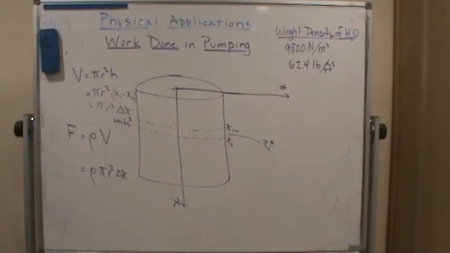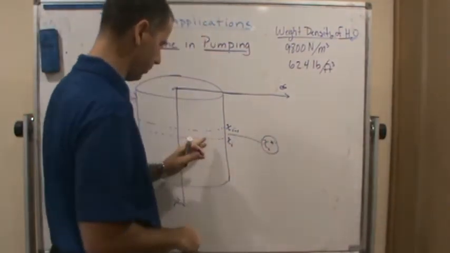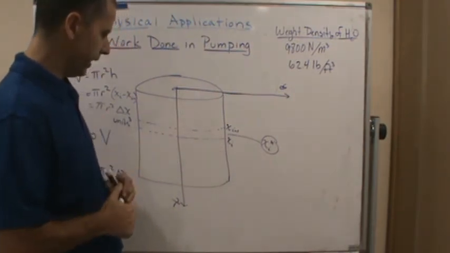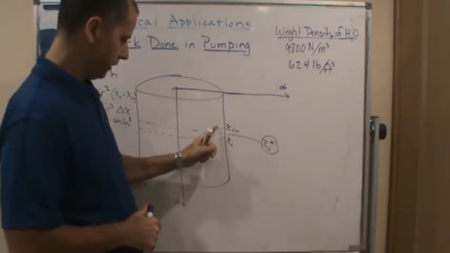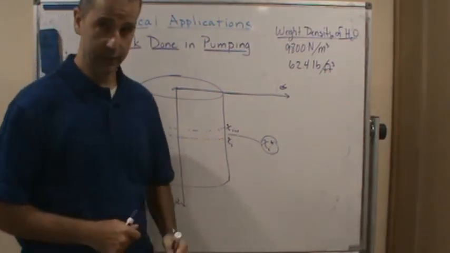Okay, so now what about work? Now we're going to have to bring in the amount of distance that's being traveled, and this is where the sample point comes in. We're going to pick a sample point because, again, we're assuming a thin disk, so the amount of work is pretty much the same for the thin disk.